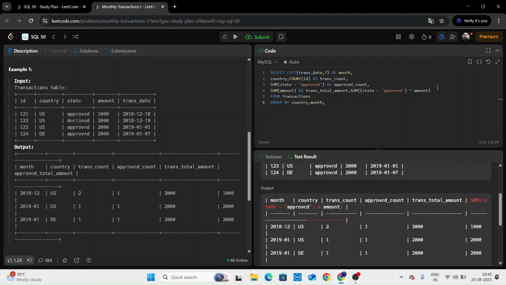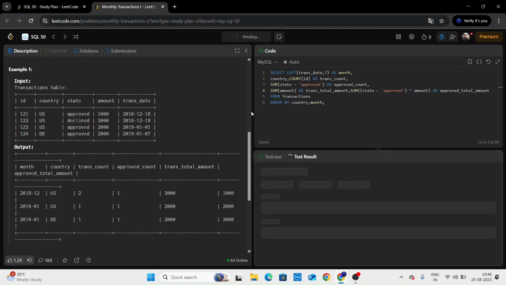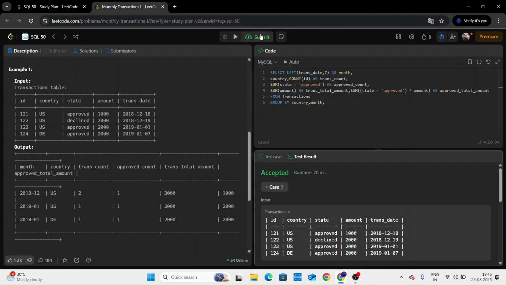Okay, I didn't rename the column. Okay, it is running properly.